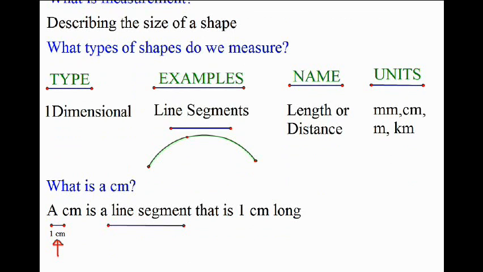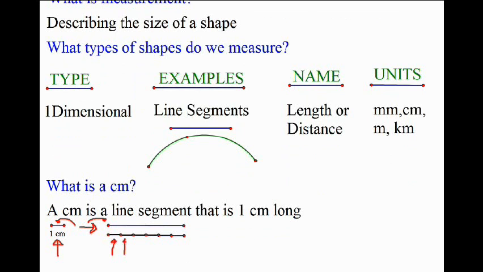So if we're asking ourselves, well, what about this line here? How long is this line? Or how many centimeters is this line? What we're asking ourselves really is, how many of these fit on to this line? And here you can see I've pasted a few of these. Each one of these pieces is 1 centimeter long.